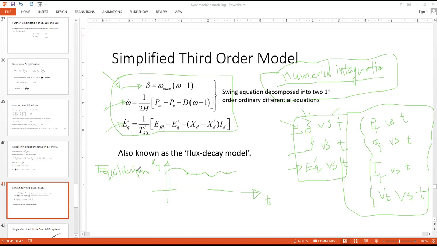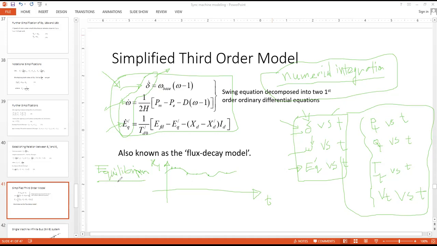It is that operating point where all the dynamics are equated to 0, that means the system is in a steady state. Whereas an operating point can be any point on the solution of x as a function of time.